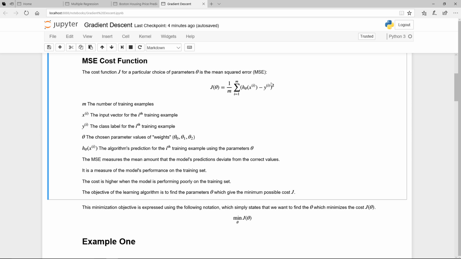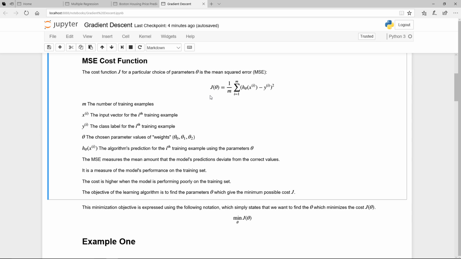This is the estimate, this is the actual, and then the whole thing is squared. So you have the error term, and this is the square of the error term. And you have 1 over m here, because we have m observations, that gives you the average. The other term for average is mean, hence the term mean, and the inside is really the error term itself.